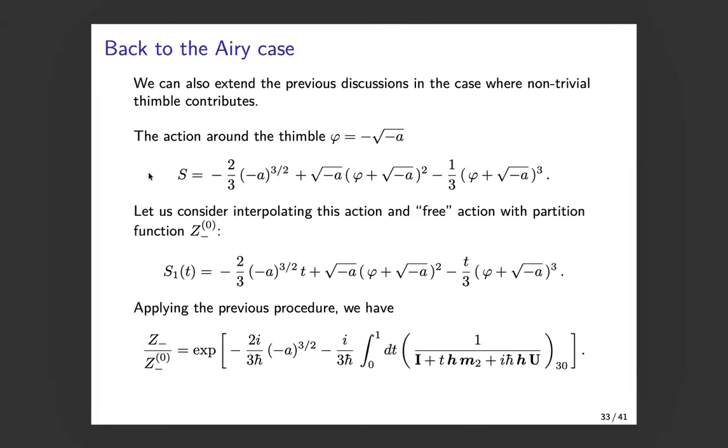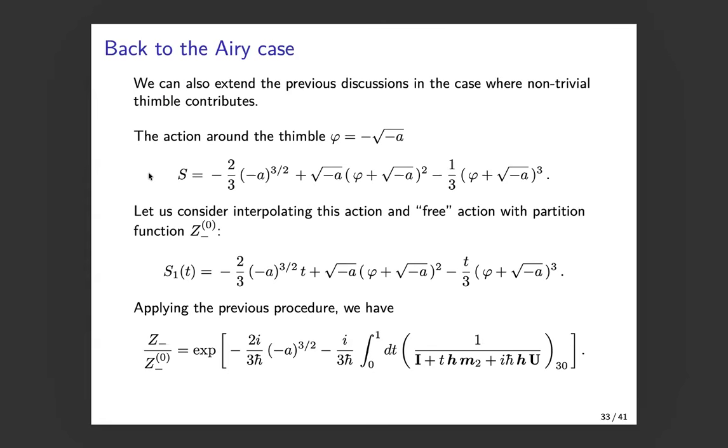So let us go back to the ARE case. We want to consider the relative ratio of the partition function around the minus symbol and the plus symbol. So let us first consider the minus symbol. The action is given by like this, and we just consider the interpolation like this.